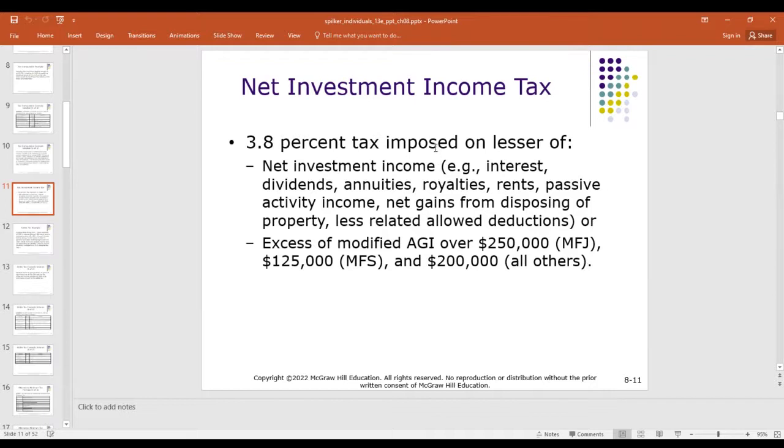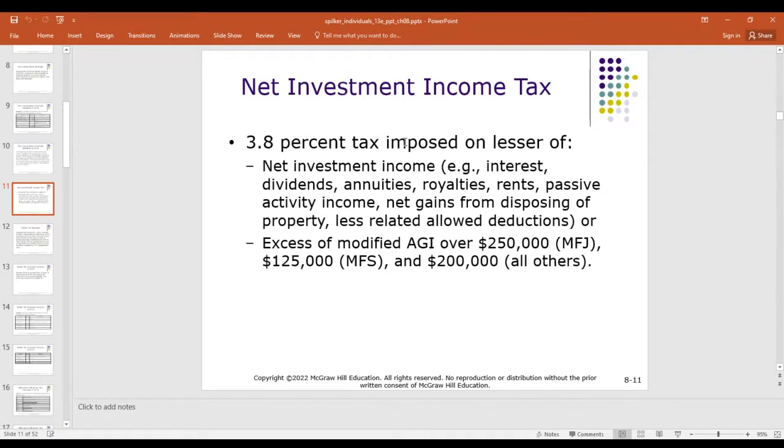So if you go to page 8-13, we'll take a quick example so you can see it. Courtney's AGI and modified AGI is $187,000. Her investment income consists of $321,000 of taxable income, $700 of dividends, $5,000 of rental. What is her net investment income tax?